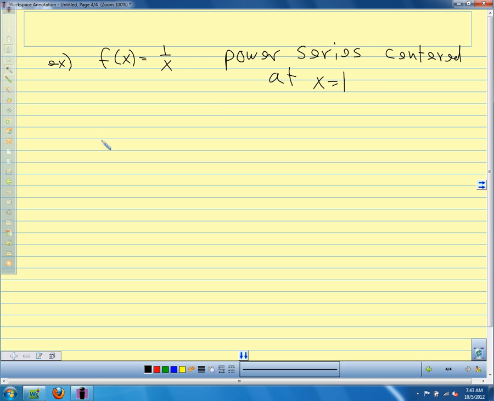So we want the form a over 1 minus r, and we want the series in terms of x minus 1. Because we're centered at 1, the terms of our series are going to involve x minus 1.